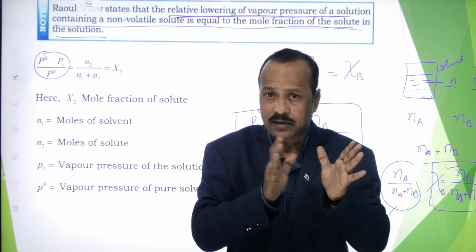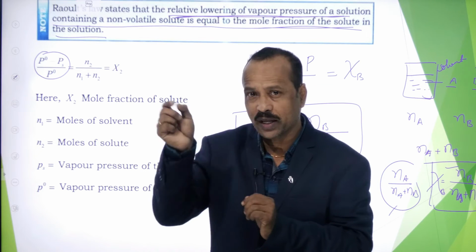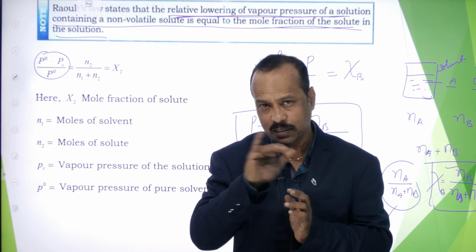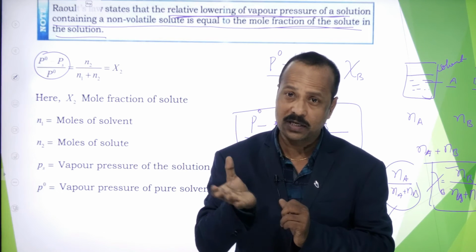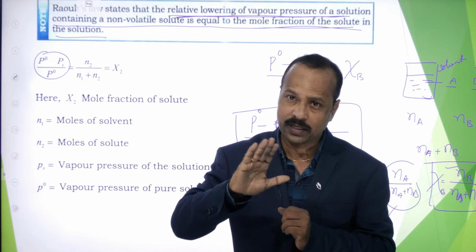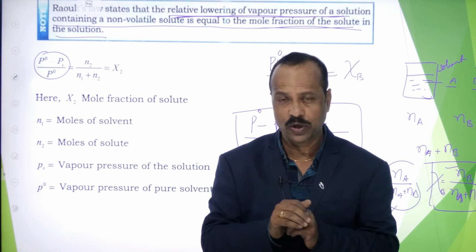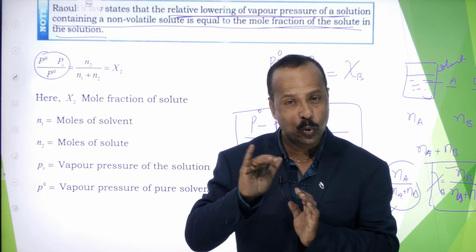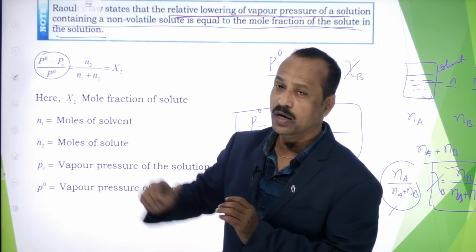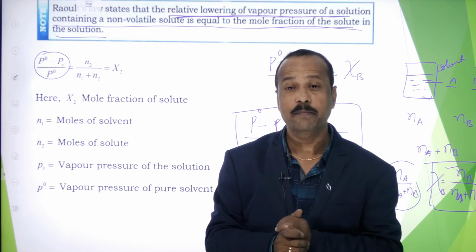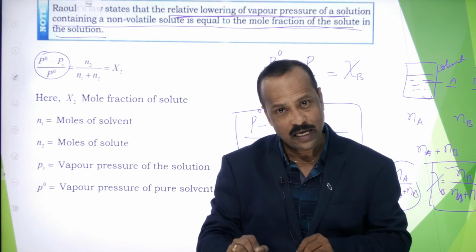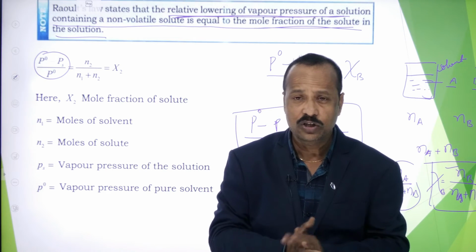The difference between these two is called lowering of vapor pressure. Difference means subtraction: the vapor pressure exerted by the pure solvent minus the vapor pressure exerted by the solution. Based on that, Raoult's law states that the relative lowering of vapor pressure is equal to the mole fraction of the solute.